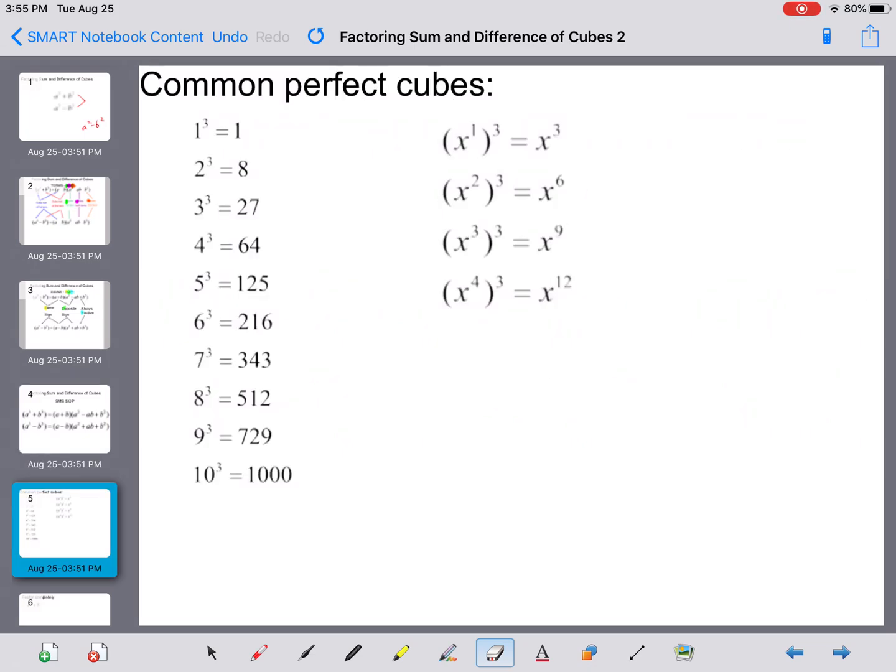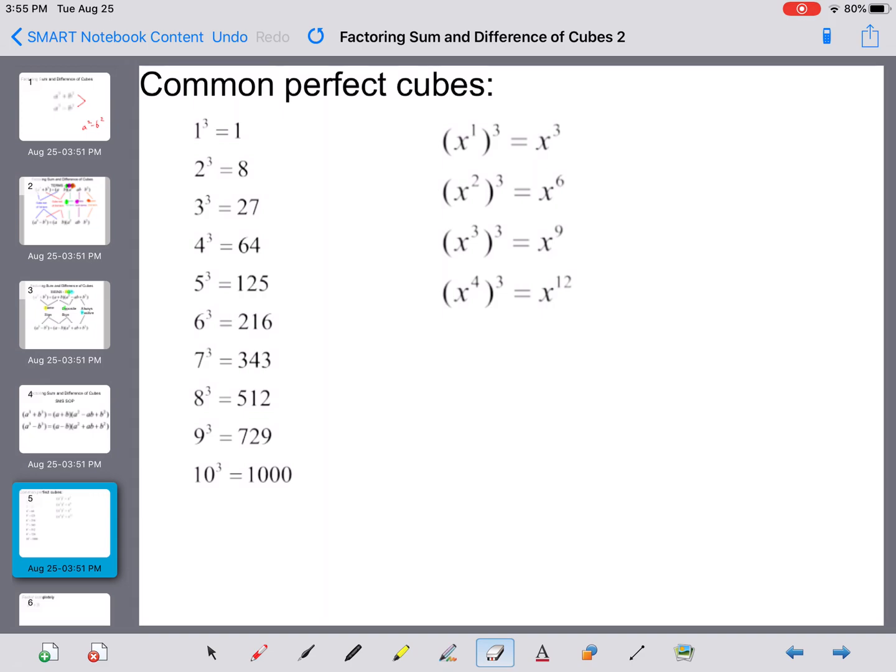Some other things that you should know are some common perfect cubes, because we are dealing with cubes now and not squares. So 1 cubed is 1, 2 cubed is 8, 3 cubed is 27, and so on. And on the right side, you can see that we have variables cubed. So x to the first cubed is x cubed, obviously. X squared raised to the third is going to be x to the 6th.